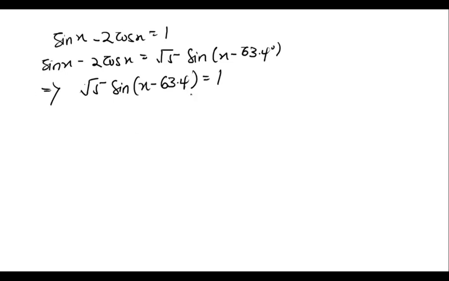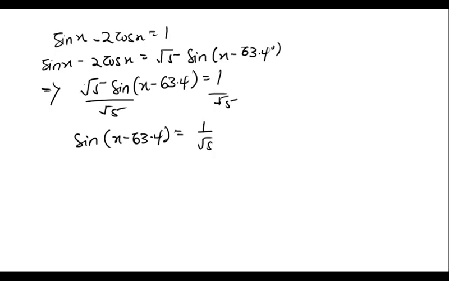All right, so if you're on the same page over here, you can divide both sides by √5. So we get sine x minus 63.4 is equal to 1 over √5. Okay, and so we have here x minus 63.4 is equal to the sine inverse of 1 over √5, which will give us the angle 26.6 degrees.